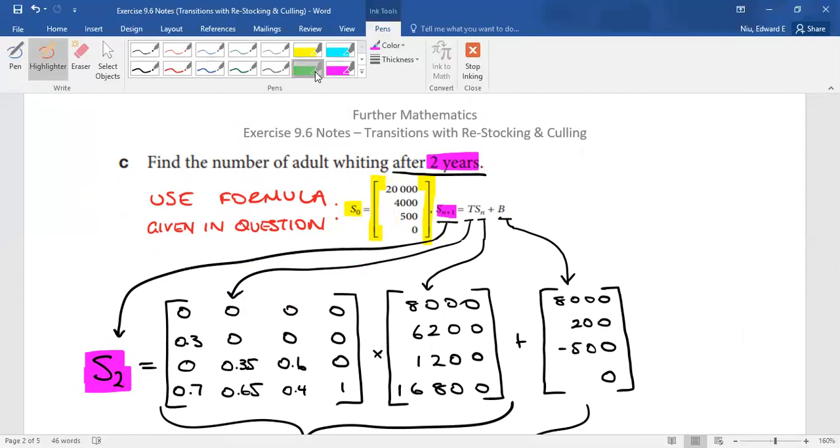Our transition matrix stays the same. All right, so this matrix here stays the same. It's a little bit off the bracket, but you get the gist. And then our SN is actually going to be different. So let's not confuse the T with the SN. What do you think the SN is going to be here? Is it still our S0?